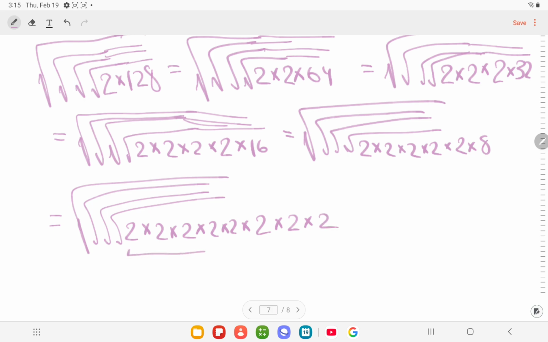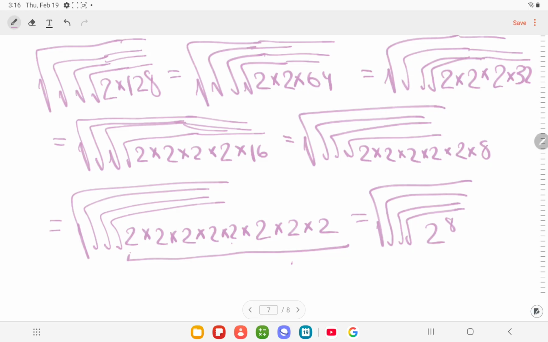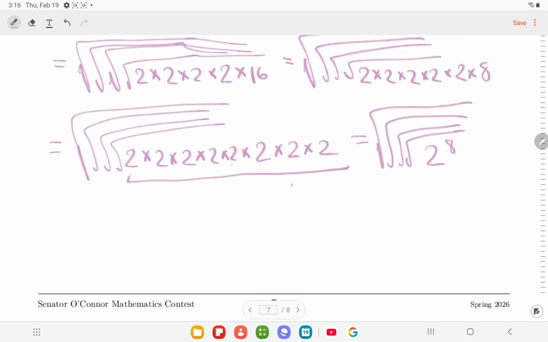Now we can write this long string of 2's into an exponent. So we have 1, 2, 3, 4, 5, 6, 7, 8 2's. So we can rewrite this as 2 to the 8. And now we can take a look at getting rid of all of these square roots. So we start with the very first square root here.